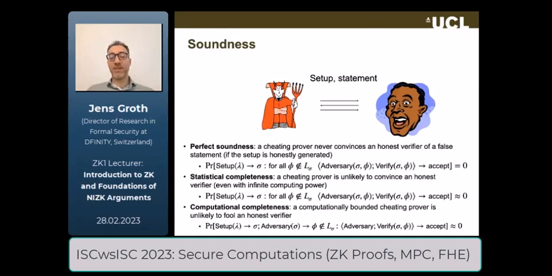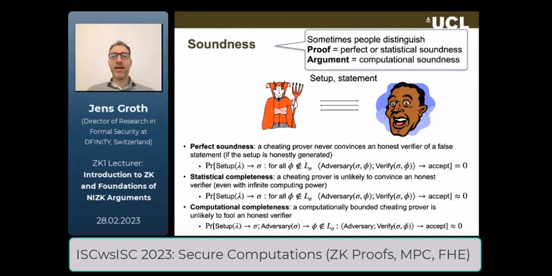Indeed, if you want super efficient proof systems that have very low computation, there are some indications that you may be forced to settle for computational soundness. I should mention here that sometimes people distinguish between perfect and statistical soundness and call that a proof system, and computational soundness they call an argument system.